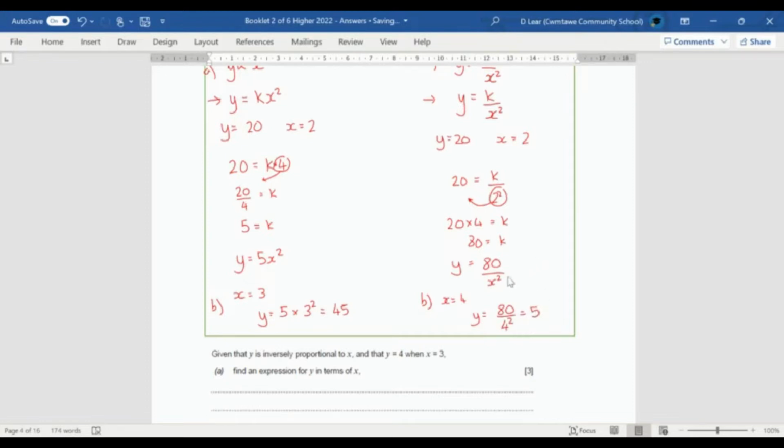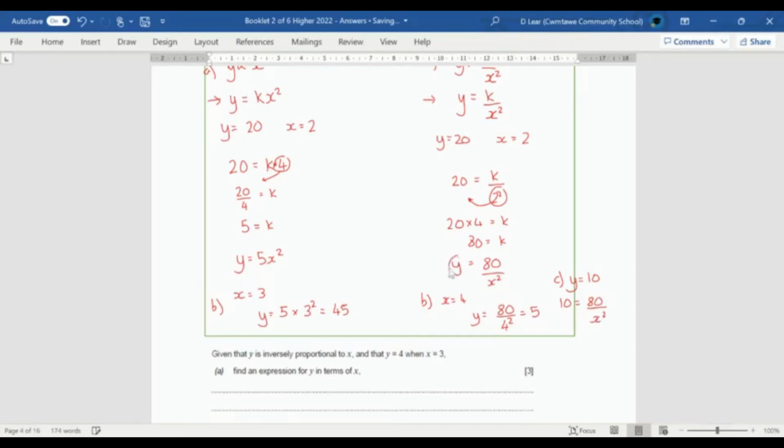Much more difficult, though, if I do a part C for this one, if I have to work out x when y equals something. For example, I'm struggling to come up with a good example here. Let's go with y equals 10 for a second. It won't work, but just to give you the idea, okay? What we would then do is we'd have 10 equals 80 over x squared.